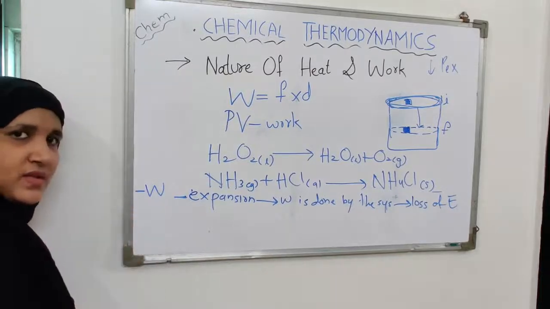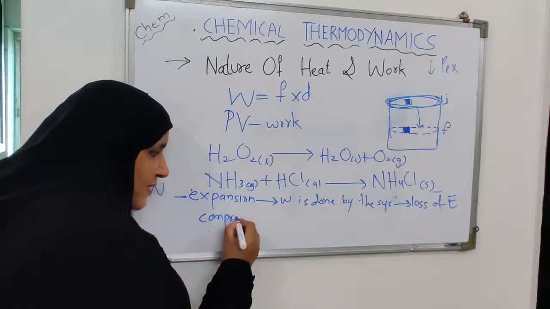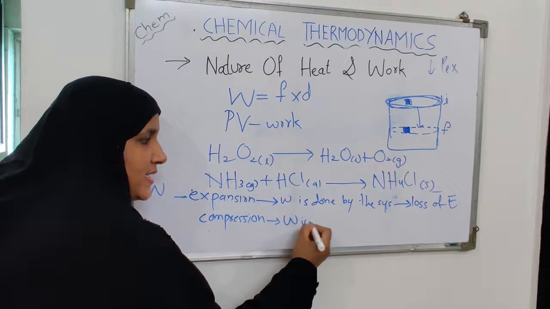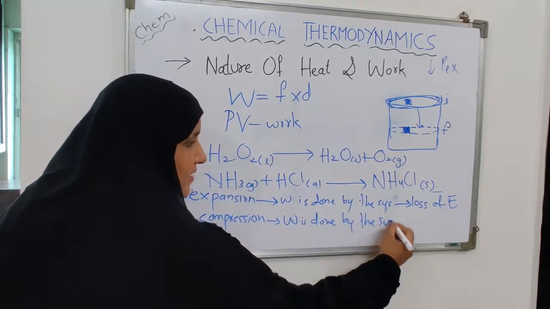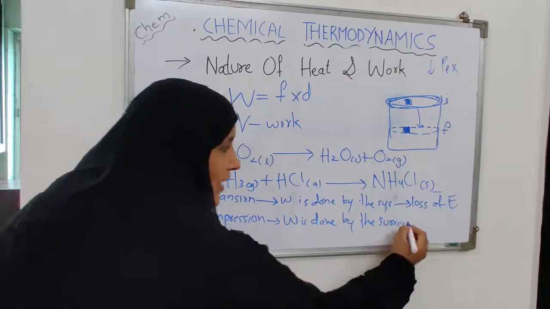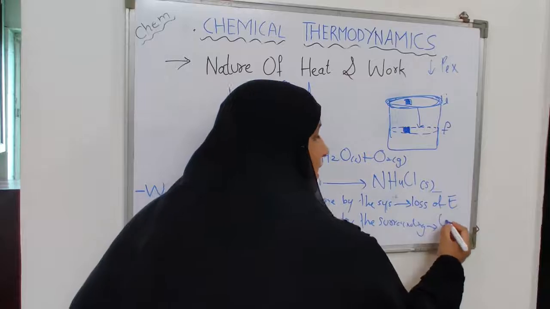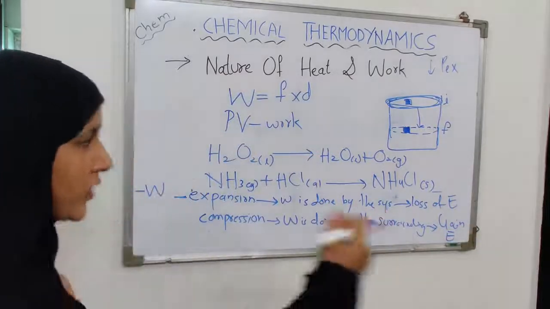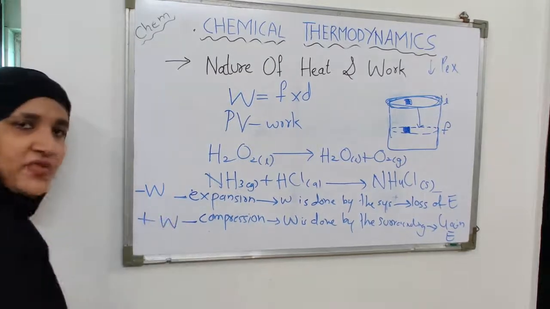Therefore, for the process of expansion, the sign of work will be negative. In the same way, when compression or contraction happens, the work is done by the surrounding. And when the work is done by the surrounding, there will be gain of energy. Due to gain of energy, we will say that was a positive work.